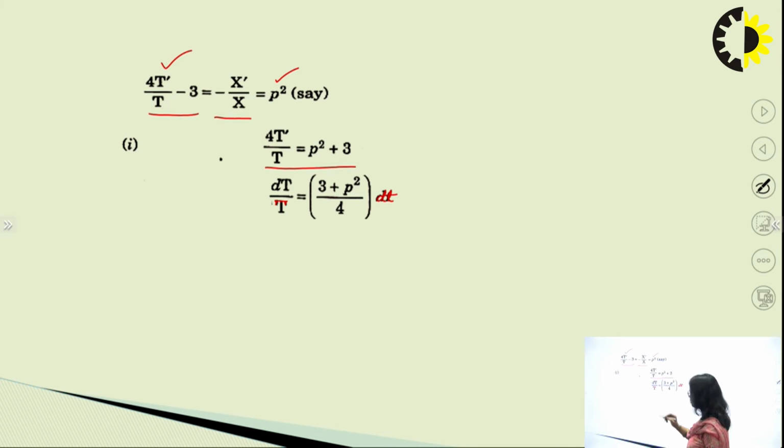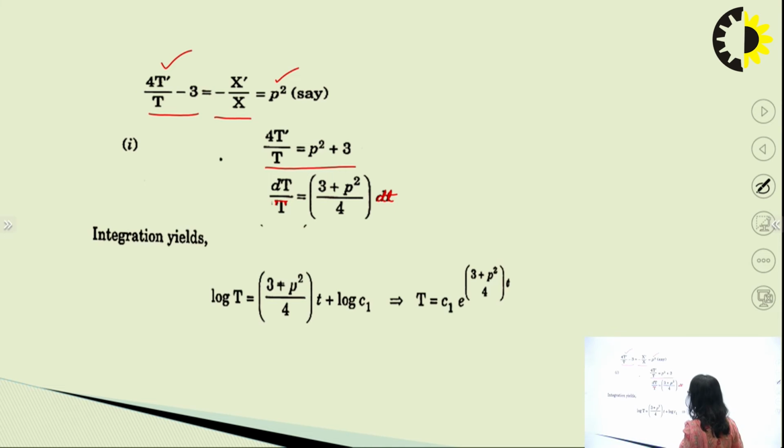From this side I will be getting log T, and from this side I am getting 3 plus p square upon 4 into small t plus log of constant. So on solving, I am getting capital T as some constant e to the power 3 plus p square upon 4 into small t. So this is my capital T which I am getting.